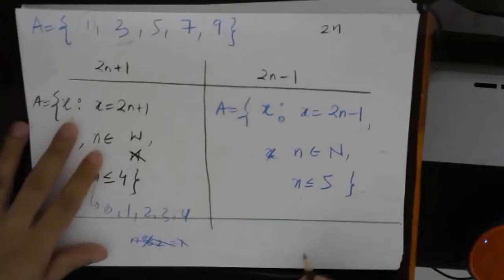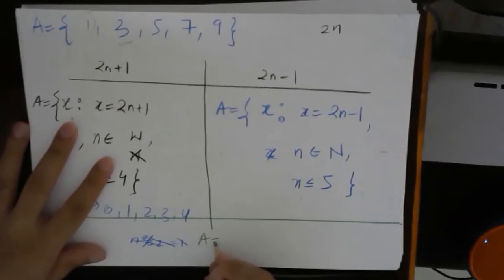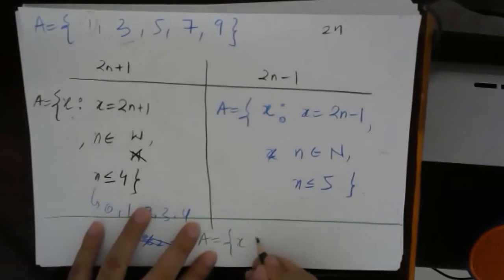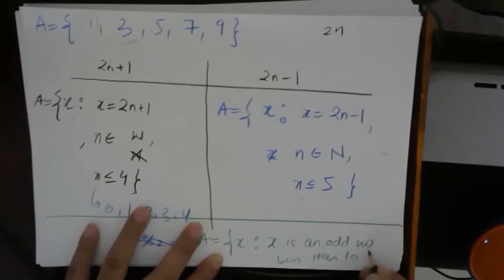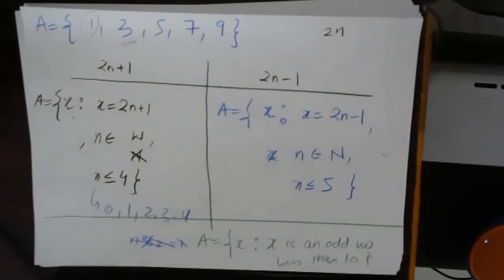Don't worry. Don't think that I can write this as A equals x such that x is an odd number less than 10. What is this?